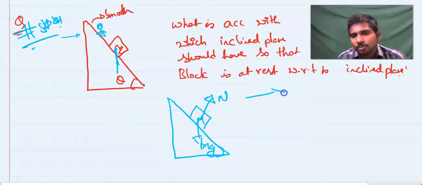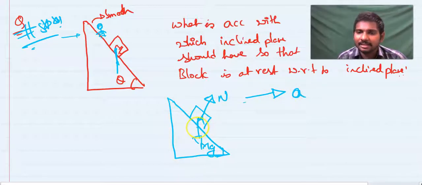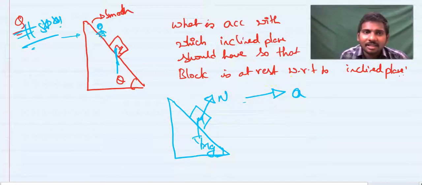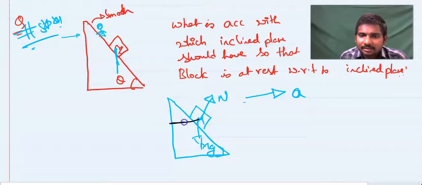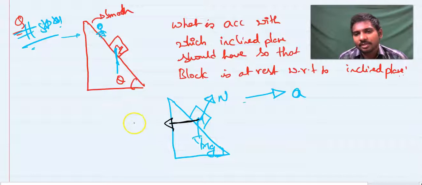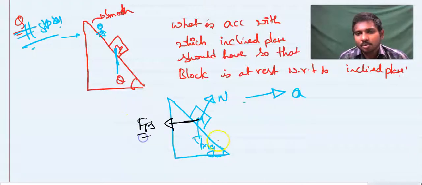I assume the inclined plane should accelerate in this direction, a. So if it accelerates in this direction, there will be a pseudo force which will act in this direction, F_ps. So if this is theta, this will become theta.